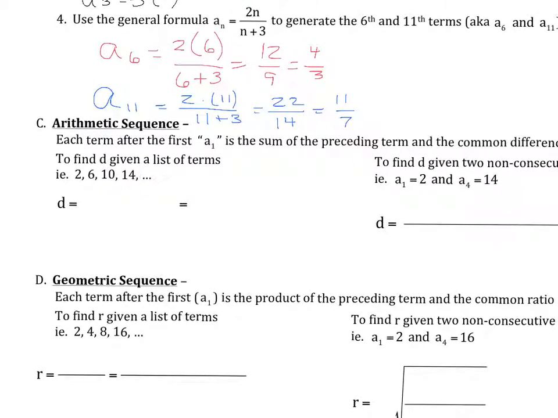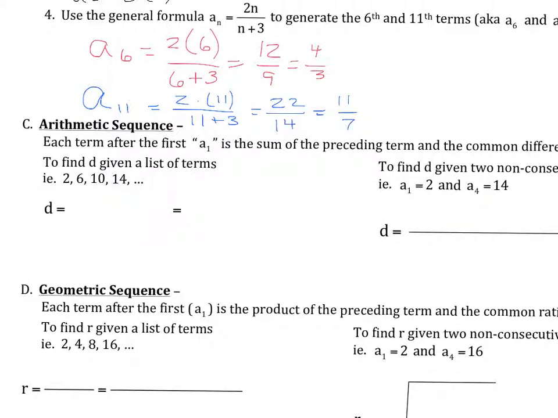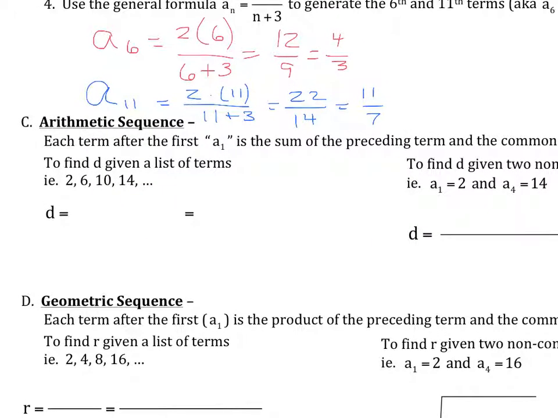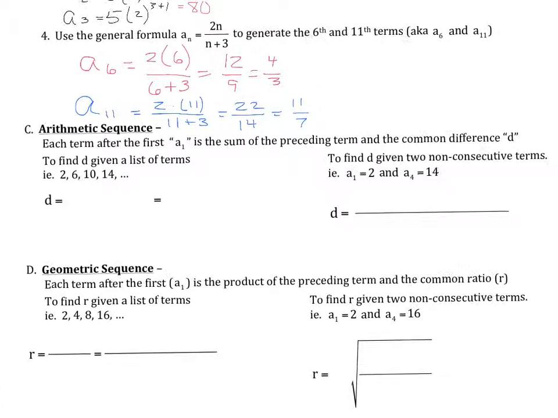Alright, so arithmetic sequences. So we discussed this yesterday, that an arithmetic sequence is going to have what's called a common difference. So each term after a sub 1 is the sum of the preceding term and the common difference. So to find d given a list of terms, the common difference is going to be your a sub n term, whatever it may be, minus the a sub n minus 1 term.